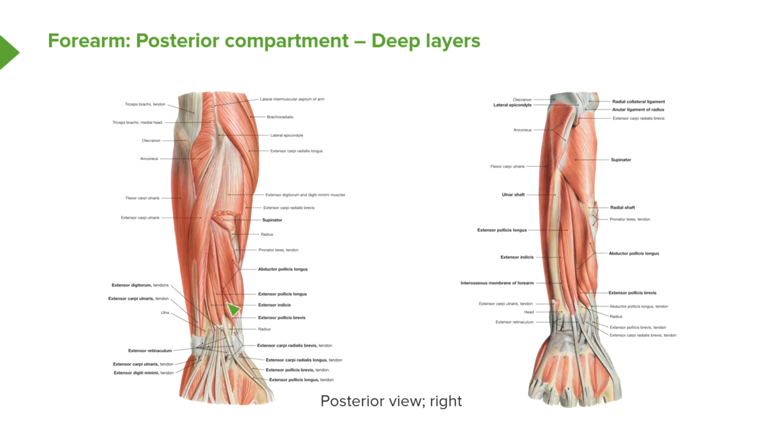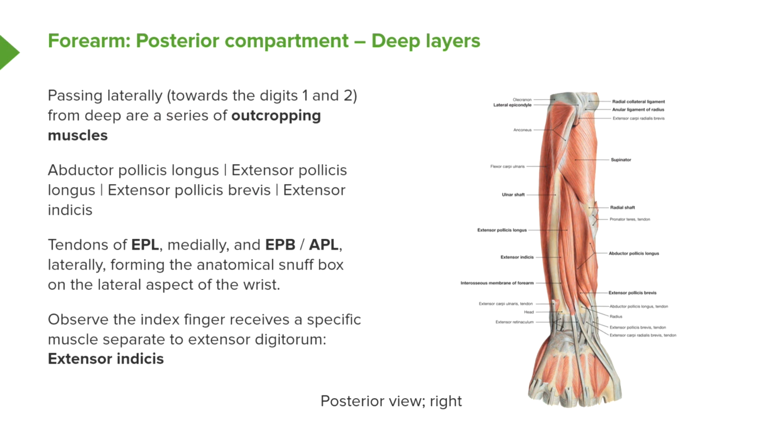We can see these outcropping muscles as well. Extensor pollicis brevis is one of them. And these are passing out, going across the wrist and heading towards the thumb, and for extensor indicis, the index finger. Now this forms a very specific region at the wrist known as the anatomical snuff box.